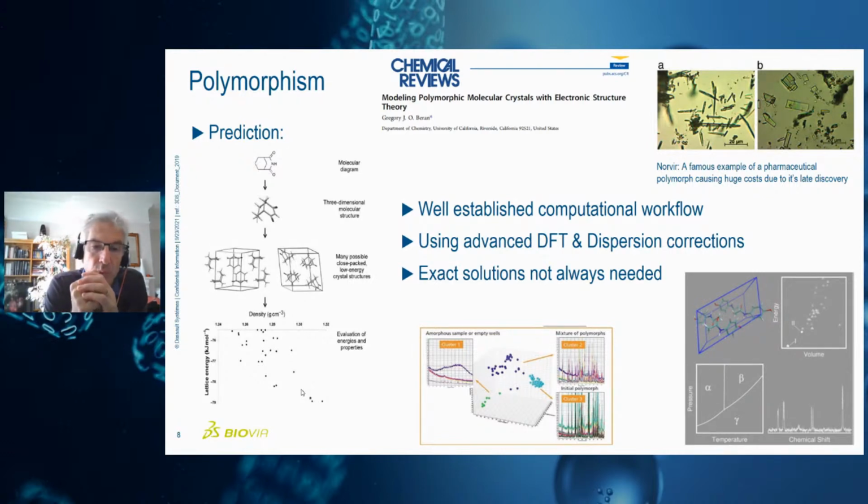What you do in the lab is you do a series of X-rays at different solvents, at different concentrations, and you look also at how they cluster together, right? And so we can also use different tools like quantitative phase analysis in order to identify all those different forms.